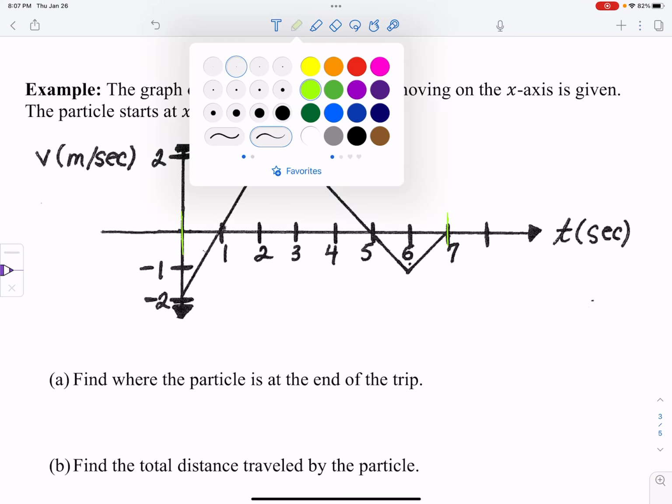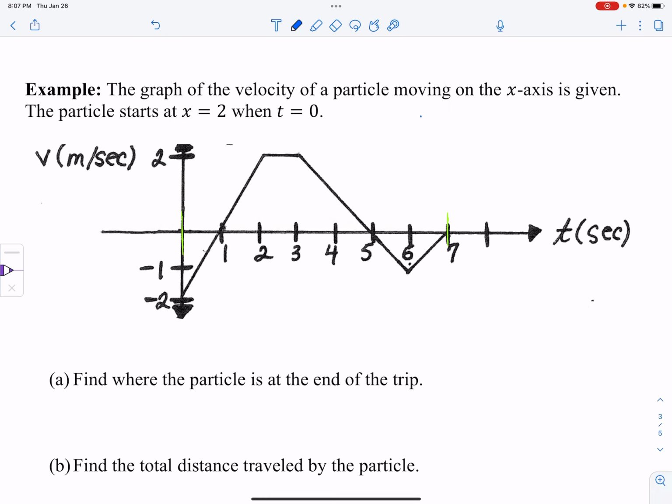I'm going to call our position function x of t. So this will be the particle's position at time t, where t is in seconds. Okay, we know that x of 0 is equal to 2 based on this statement.